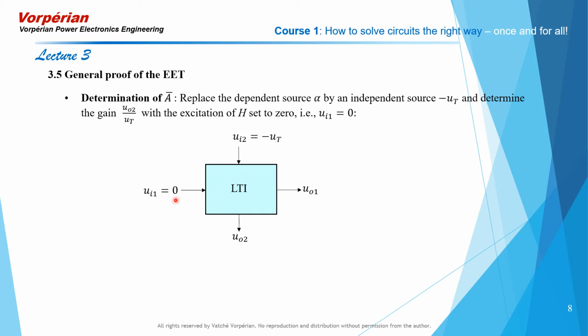When you do this on your linear time invariant circuit, this is effectively what you get. You set the excitation equal to 0, you replace the dependent generator here with an independent version of it with a minus sign in front of it, which really means in the circuit you are reversing the direction of the generator at that point, and you determine the transfer function or the gain output 2 to minus u.